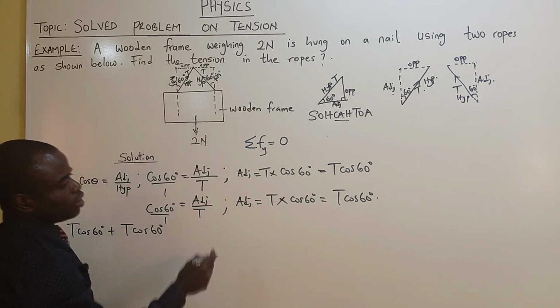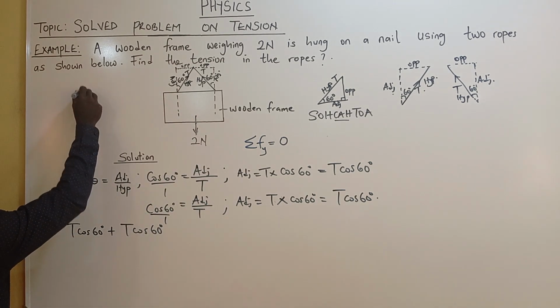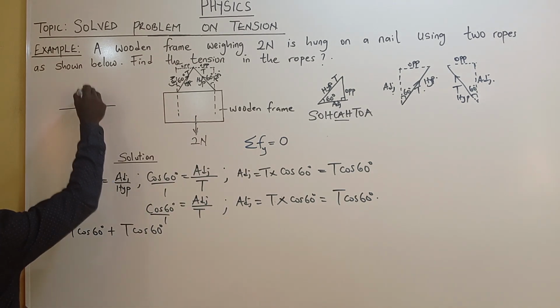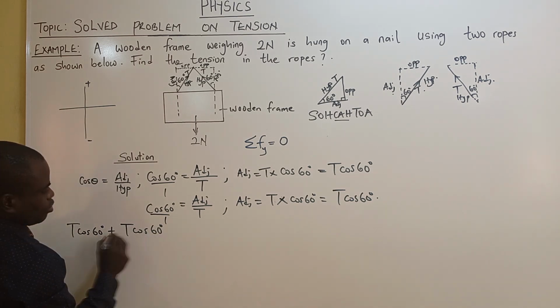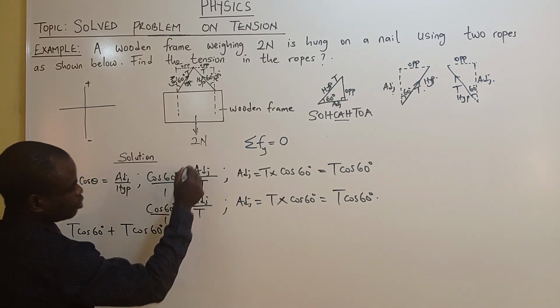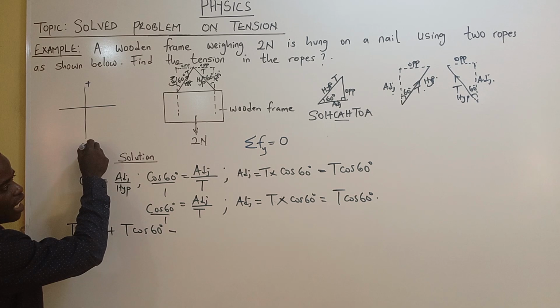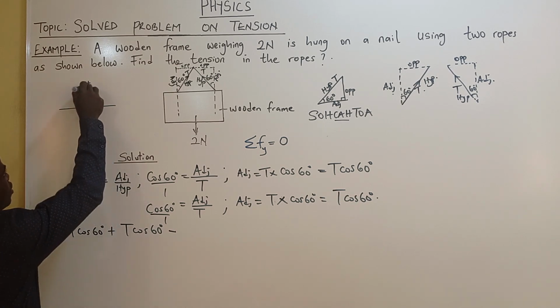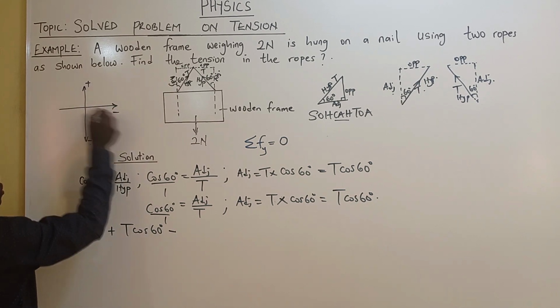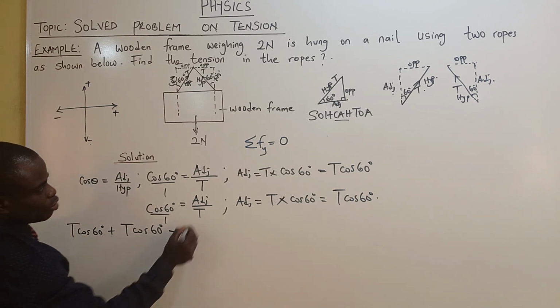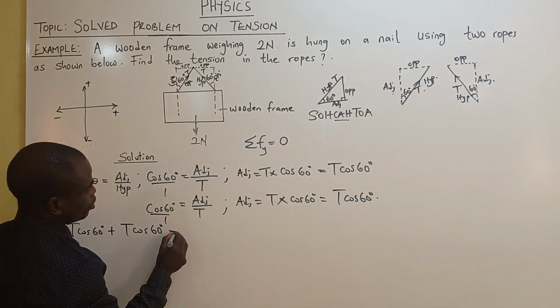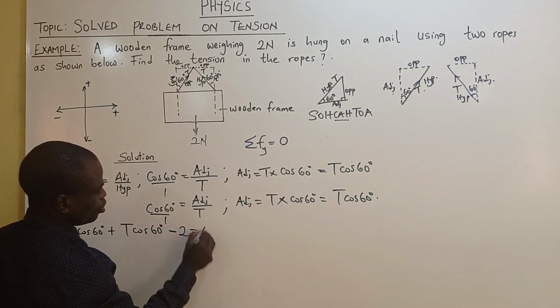When you are dealing with a graph, upward force is positive, and downward force is negative, because it's moving towards the negative side. So minus 2 equals 0.